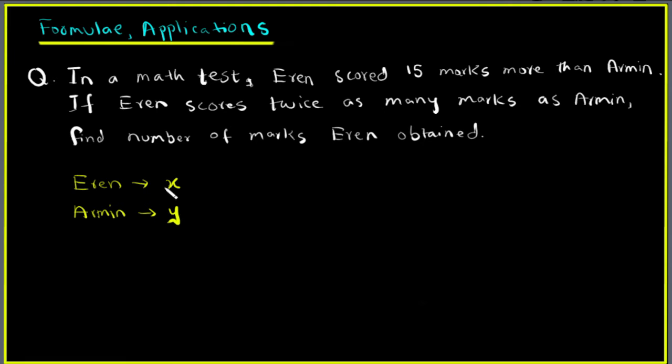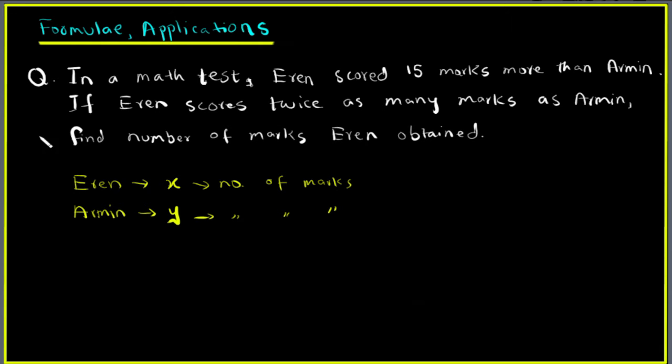You don't have to name Aaron as X, because that doesn't make much sense. Why would you name somebody with another name? Instead, we are talking about the number of marks, which we are actually interested in, as X, the number that Aaron obtains, and the number of marks that Armin obtains is Y, right? So X and Y are the number of marks, and I just write it down to make it clear.